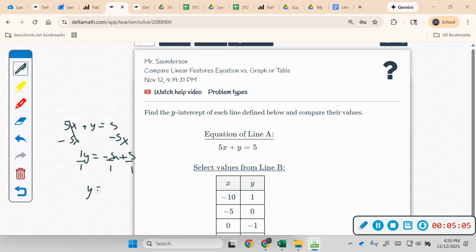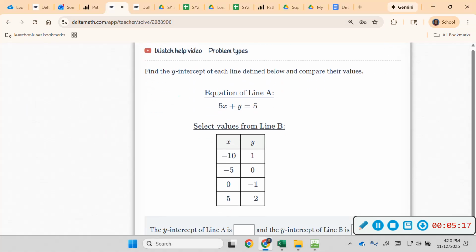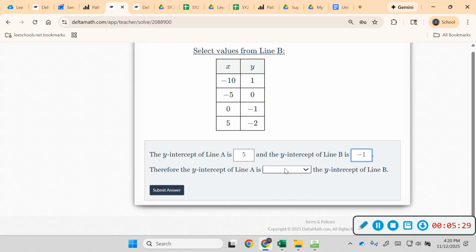For the table, to find the y-intercept, you need to look at when the x value is 0. So the y-intercept here was 5, and when the x value was 0, the y-intercept was negative 1. So 5 and then negative 1. Which one's bigger? A is bigger.